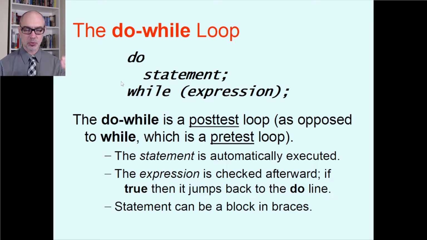You're going to come into the do, you're going to do the statement at least once, and then you'll check on this while expression about whether to go back to the do and do it a second time. Okay, so there's at least one subtle difference. And again, that statement can be a whole block in curly braces, so there's that. Okay, so while loop, a pretest loop, do-while, a post-test loop. The while expression being tested is at the end instead of the start.